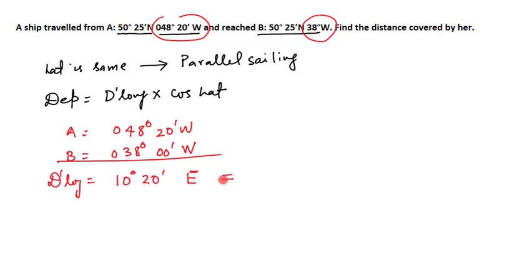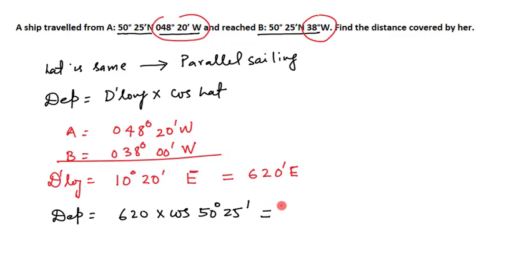If I convert 10 degree, that is 600, so plus 20, that is 620 minute east. Now coming back, let's find departure. The departure is 620 into cos of latitude, which is 50 degree 25 minute.